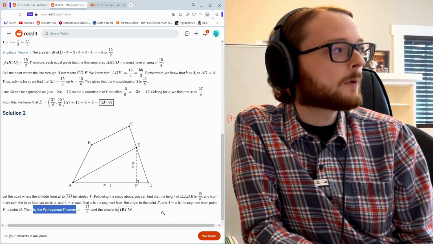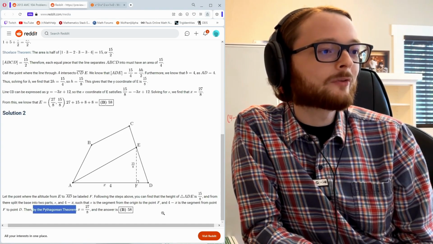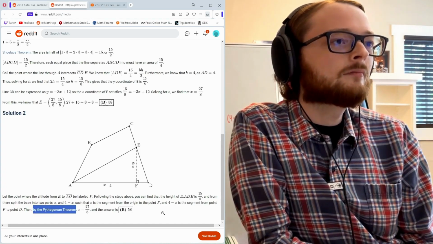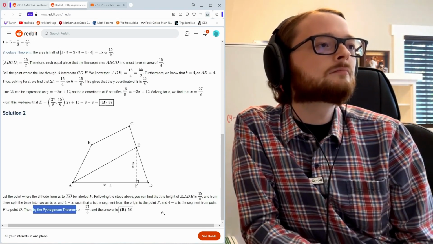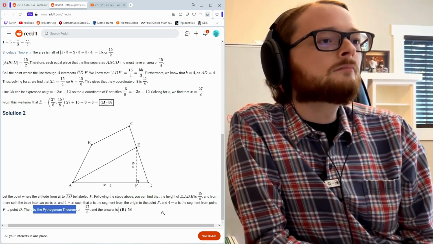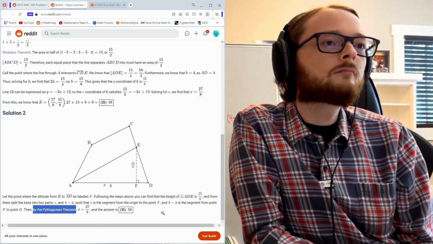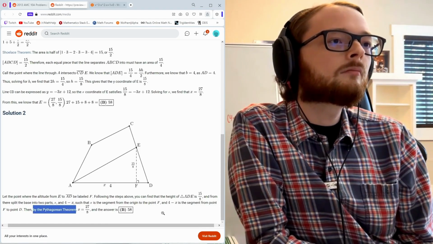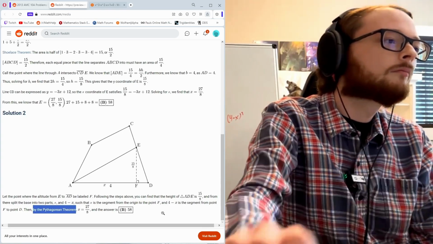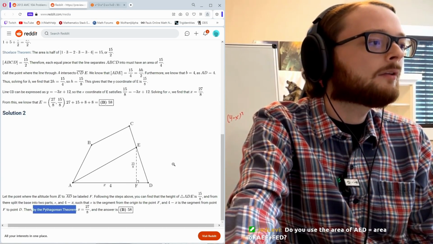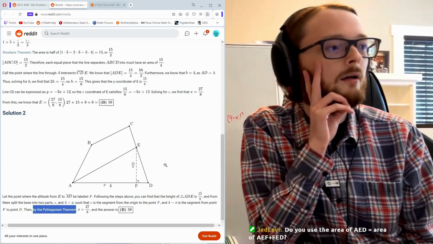I much prefer the way they did it in solution 1, because that just makes more sense to me. Area of AED is equal to area of AED.